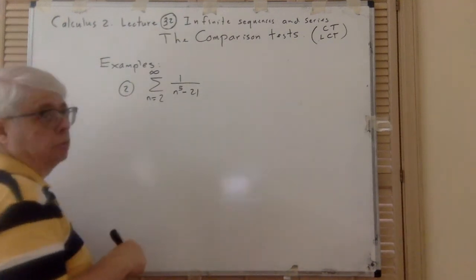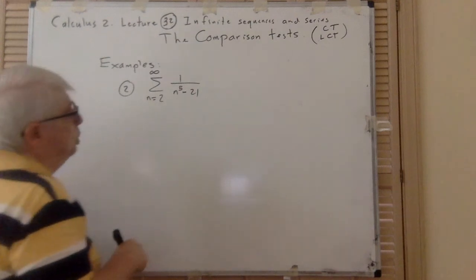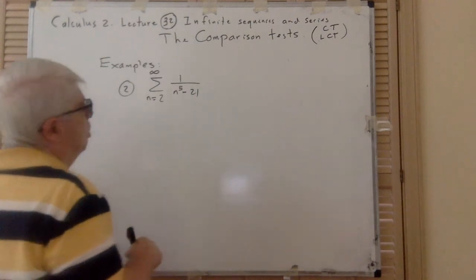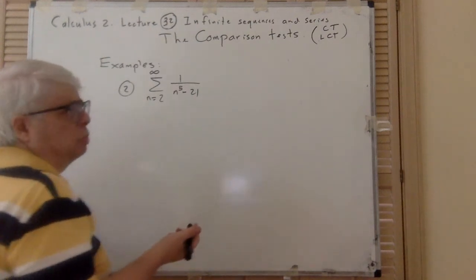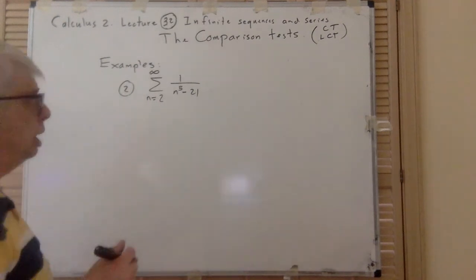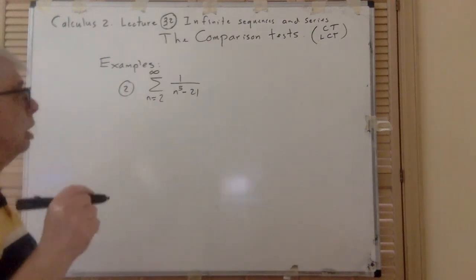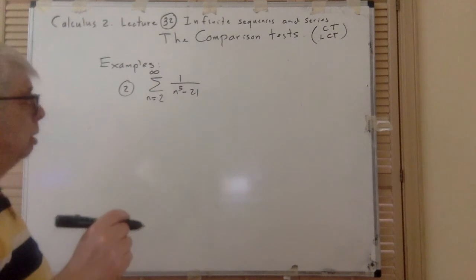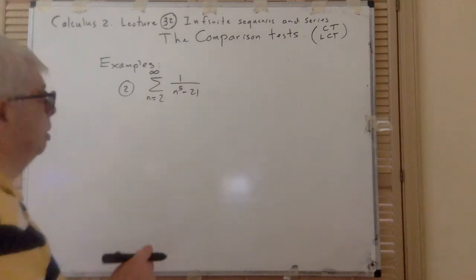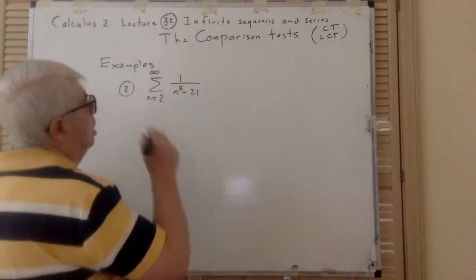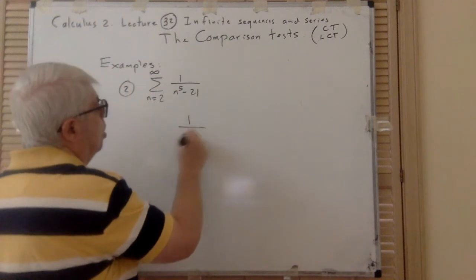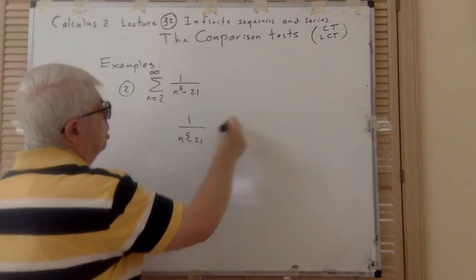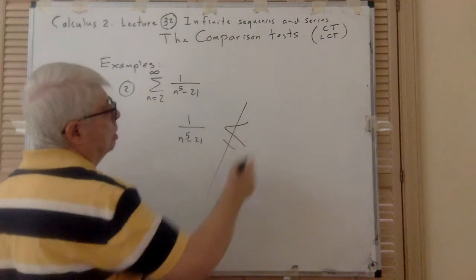So it's all positive, right? If n starts at 2, then it's positive. But then can I compare this with something? And please don't make this mistake. This mistake is terrible. I can't forgive you for making a mistake like this. This is not less than this. You can't say that.